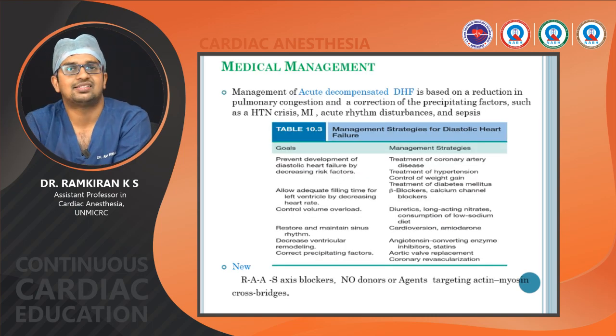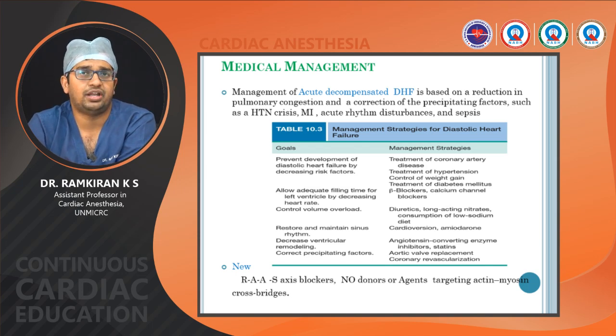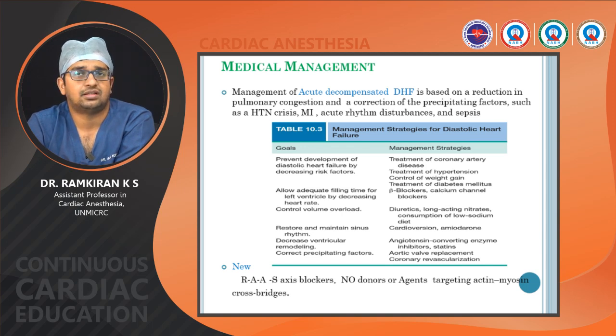Whenever there is acute decompensated diastolic heart failure in the perioperative period, the basic things should be to reduce the pulmonary congestion and correct other precipitating factors like hypertensive crisis, MI, acute rhythm disturbances or sepsis.